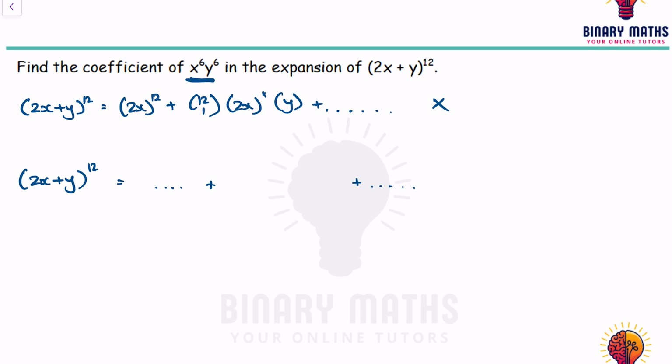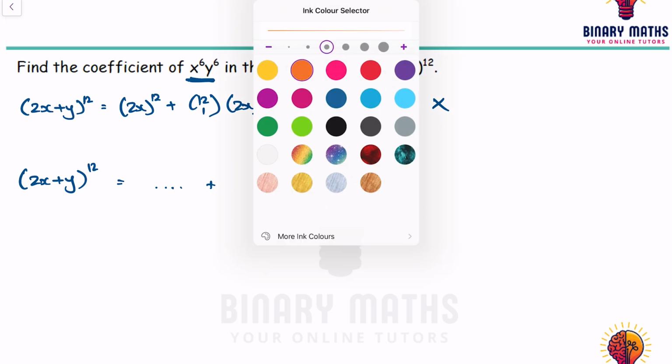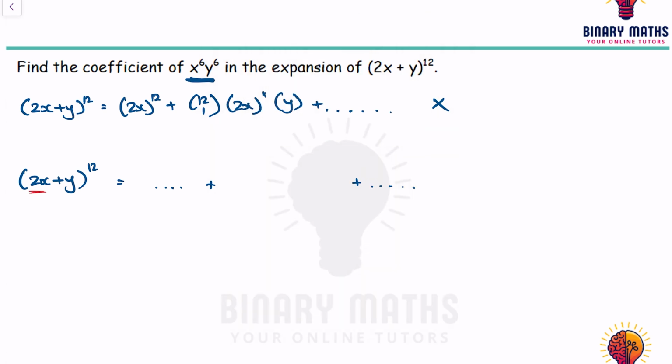So how can I raise 2x to make it x to the power of 6? Obviously, I need to raise 2x to the power of 6 to get x to the power of 6. Because 12 take away 6 is 6, I need to raise the second term, which is y, to the power of 6. Which means I will get x to the power of 6 and y to the power of 6. So that's the right term that I'm looking at.